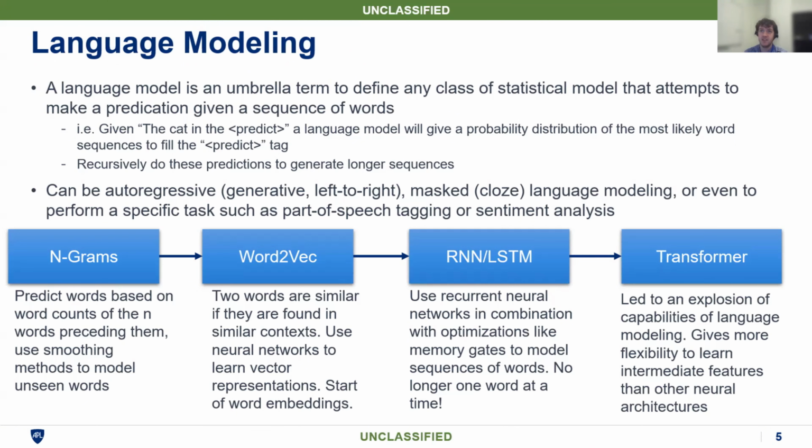And this is a key intuition that two words are similar if they are found in similar contexts. This is the start of word embeddings, which are basically asking, can we create a vector representation of a word from the words around it, and use that to build a semantic space where similar words are ideally close to each other as vectors.